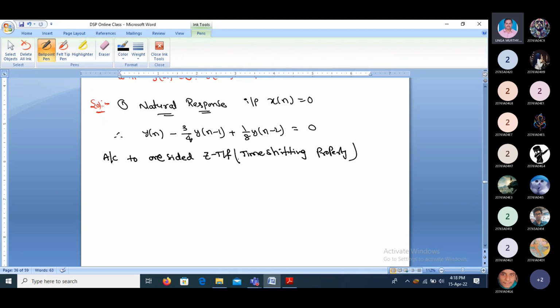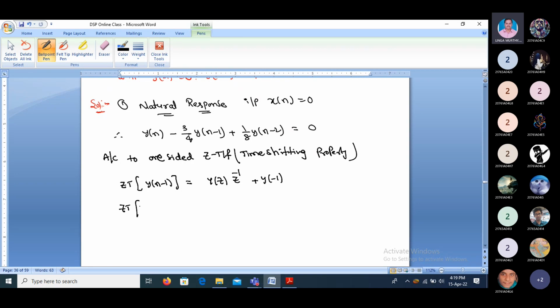According to the time shifting property of the one-sided Z-transformation, all of you know this one. The Z-transform of y of n minus 1 in general is equal to Y of z into z power minus 1. But for one-sided, it is equal to Y of z into z inverse plus y of minus 1.